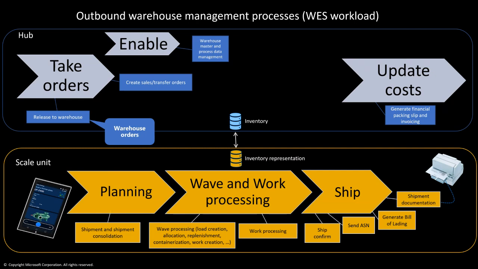You can go execute that work, so you can go pick that work that gets created, and then you can ship it. And included in those shipping operations, you can also post ship confirmations, send ASNs, and generate any of those various shipping documents. And then again, at the end of this process, automatic synchronization occurs so that you can do final costing updates and postings for packing slips, invoices, etc. against those orders.